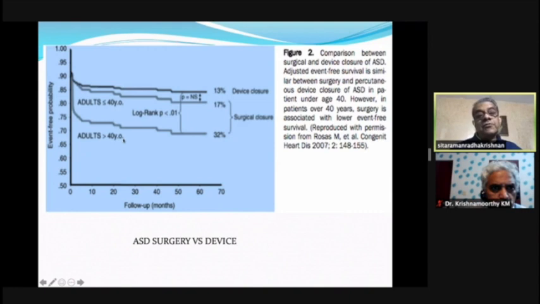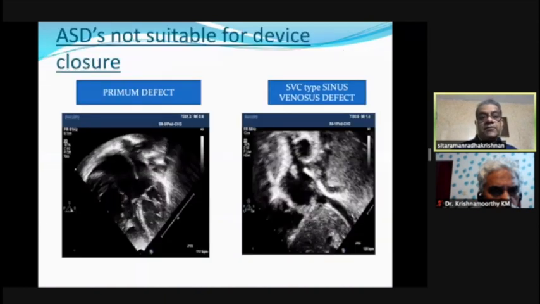They have also shown that in an adult, probably a device closure is superior to a surgical closure, probably because of cardiac arrhythmias and morbidity, etc. Anyway, whatever the data is, it has now stood the test of time. So one should not hesitate in doing device closures.